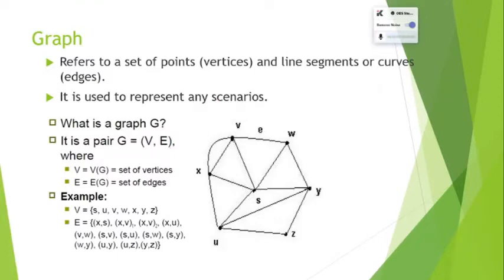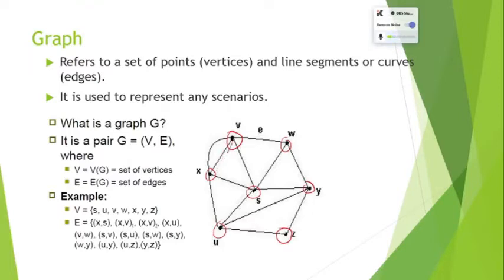It represents a scenario. If we locate all the vertices, the vertices are the points on the graph. So this would be it. You can see it lists the vertices, which are S, U, V, W, X, Y, Z. Next are the edges. When we say edge, that is a line segment. If you were to list the edges of this graph, you have to list the ordered pair that creates that edge.